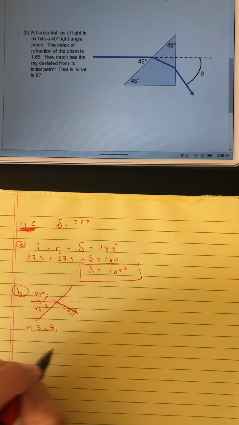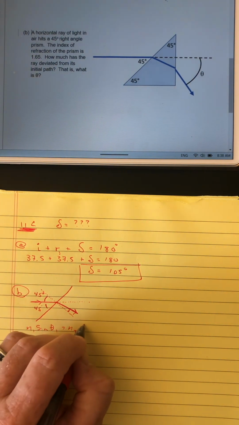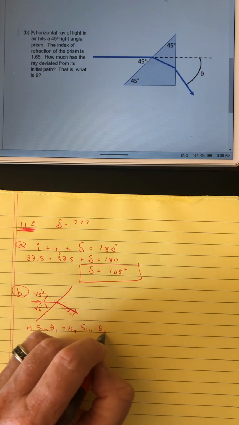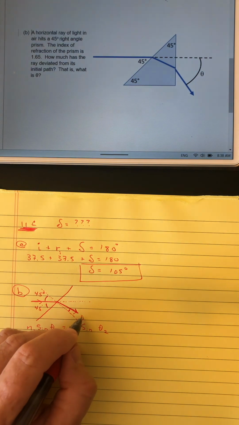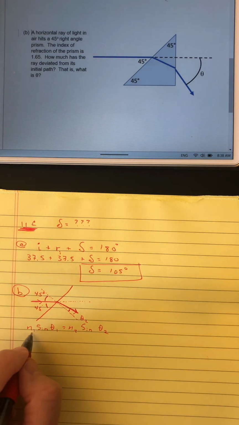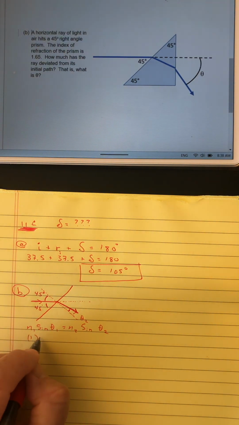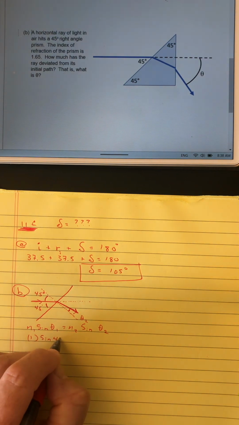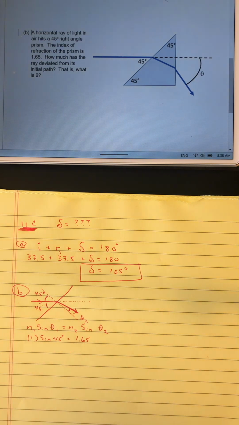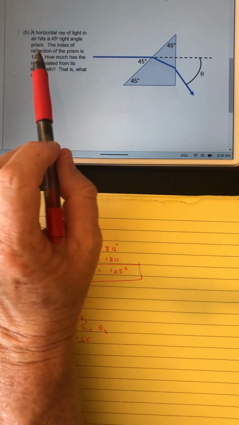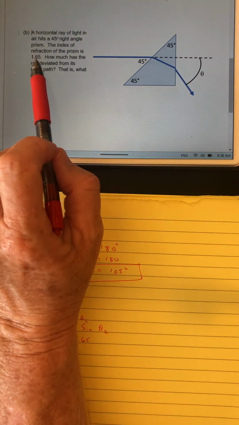So let's do the law of refraction, Snell's law, and calculate what this angle in here would be. I'm going to call it theta 2. And so we start in air, which has an index of 1, and we have a sine of 45 degrees, and we're going into this prism. It's probably a lead glass prism because it has a high index of 1.65.